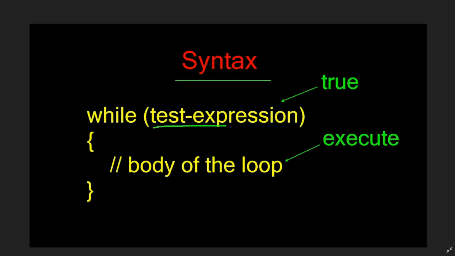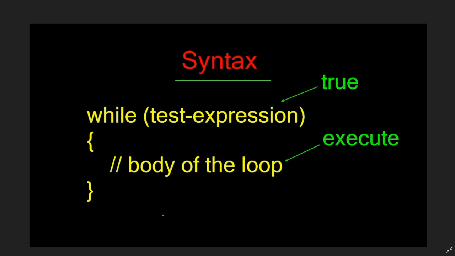If the returned value of the test expression is true, then we go inside the curly braces, the body of the loop, and execute the code here. Else, if this is false and not true, we go out of the while loop and continue with the other code that we have, if we have.